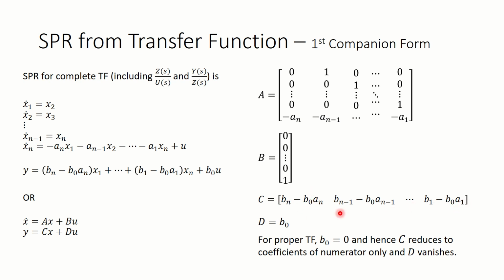So this b0 term will vanish, right? So the C will be bn, bn minus 1 up to b1. So all the n coefficients from bn to b1, that will be C. Okay, so it reduces to the coefficients of the numerator only, and D vanishes. So this is the comment.